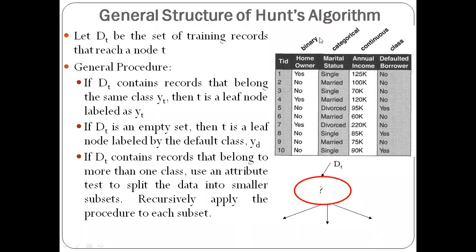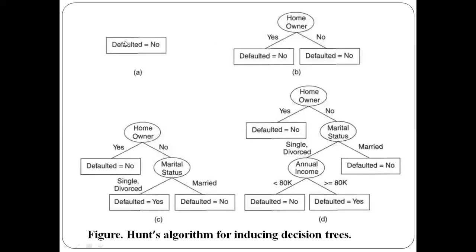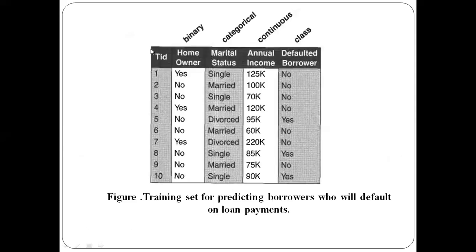So the first step is to choose one test condition by choosing one of the attributes. This is the table. Initially the majority class is no, so we have created a leaf node with the class label defaulted equal to no. Next we choose one of the test attributes, a test condition, to partition the data set.